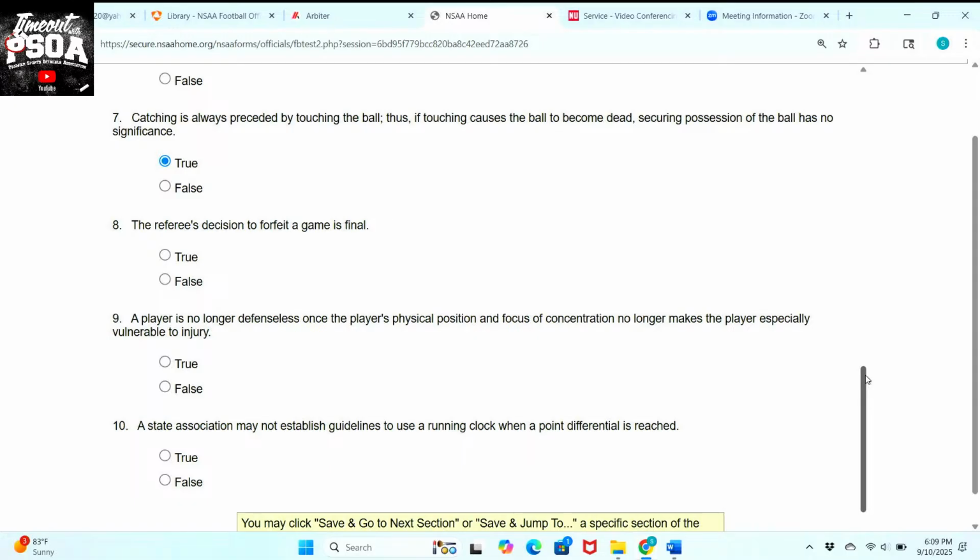Oh, we almost had this last week. Dr. Porter? The referee's decision to forfeit a game is final. I'm going to go true, and I'm going to try to confirm that.